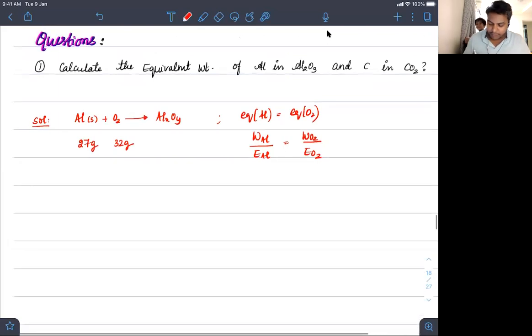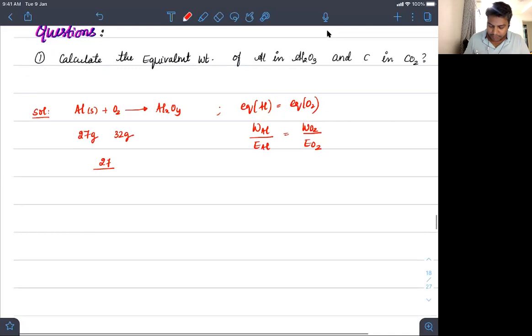So I can write weight of aluminium is 27 divided by equivalent weight of aluminium, which I need to calculate, equal to 32 divided by 8, because we just fixed that equivalent weight of oxygen will be 8. So from there, this goes 4 times.